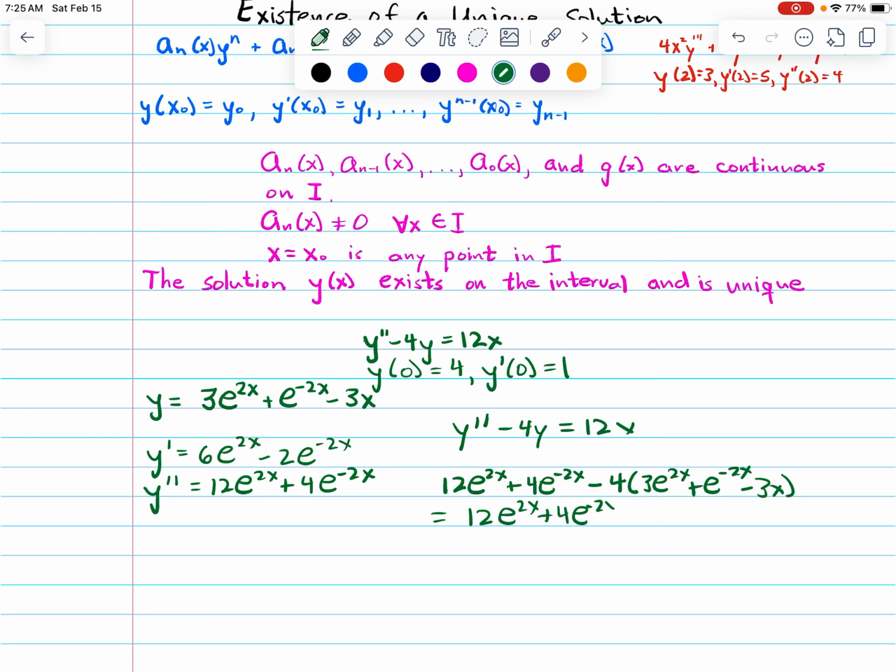Now this is minus 12e to the 2x minus 4e to the negative 2x plus 12x. These cancel, and all we're left with is 12x. Yes, so we verified it, and we know that's the only solution.